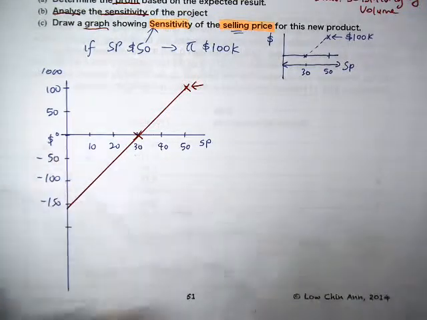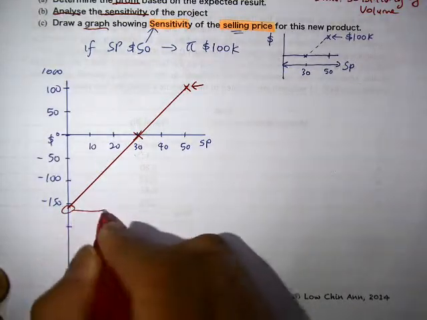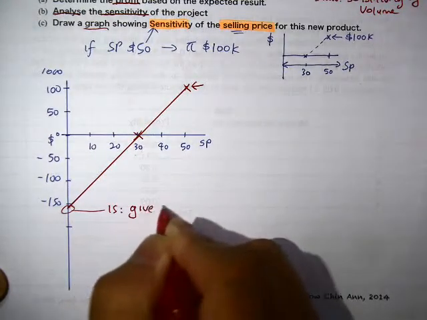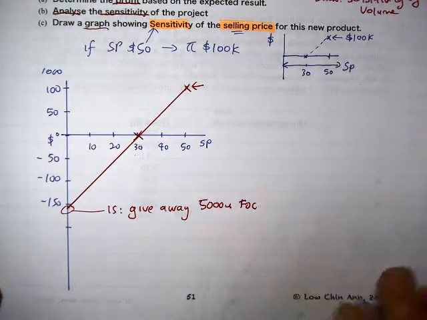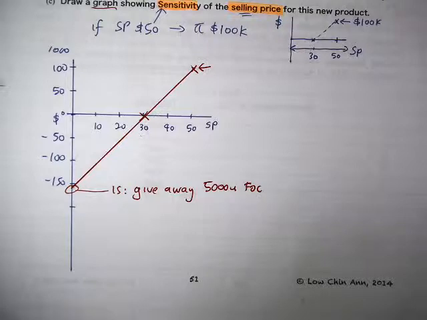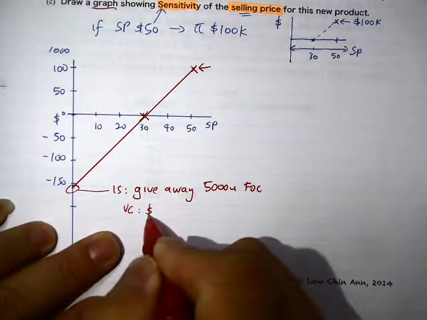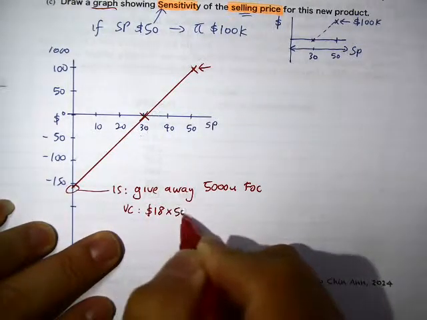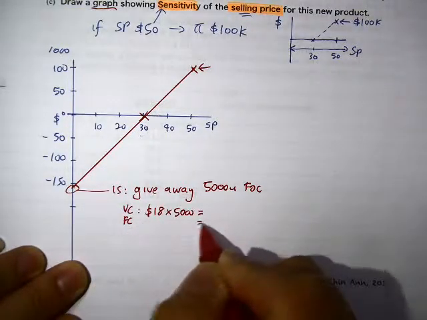Now, if 0 means the 5,000 unit you give for free, understand? So here is to give away 5,000 unit FOC. Because it's based on 5,000 unit. So if you give away 5,000 unit for free, at no charge, your variable cost is 18 times 5,000. Your fixed cost is 60.